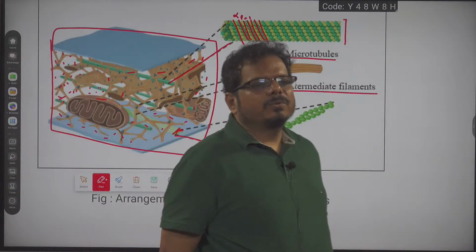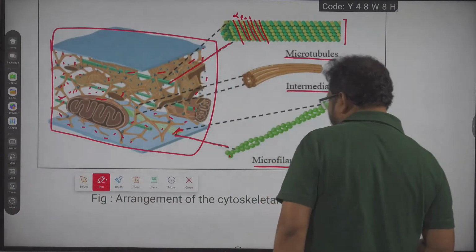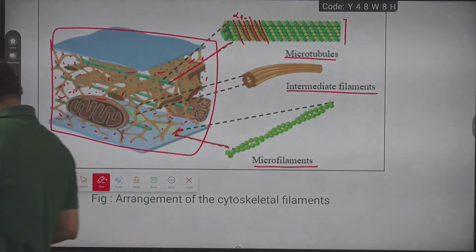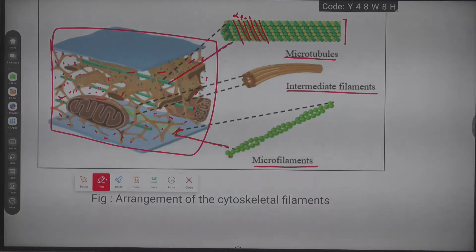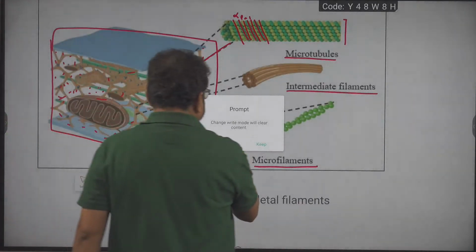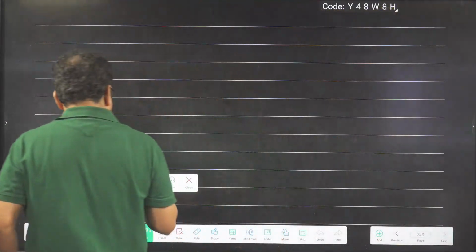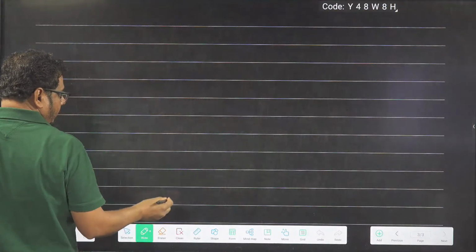So we are now going to deal with cilia and flagella. The cytoskeleton is over. Cilia and flagella.